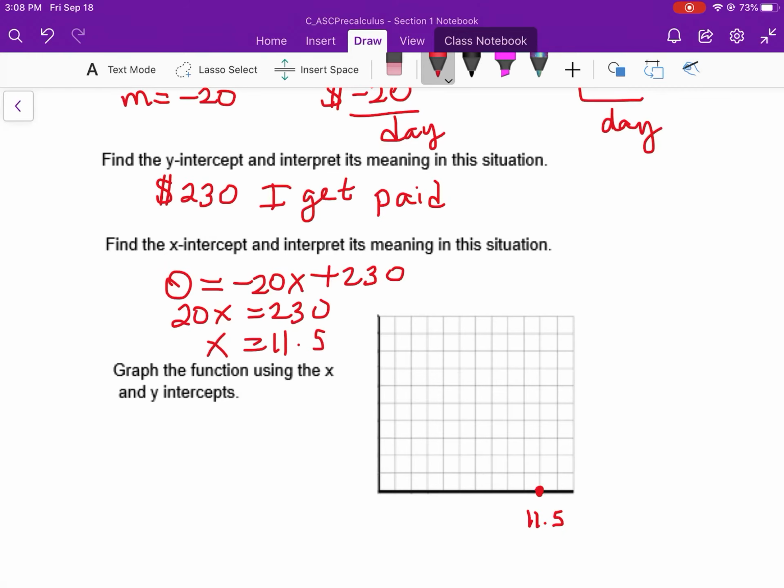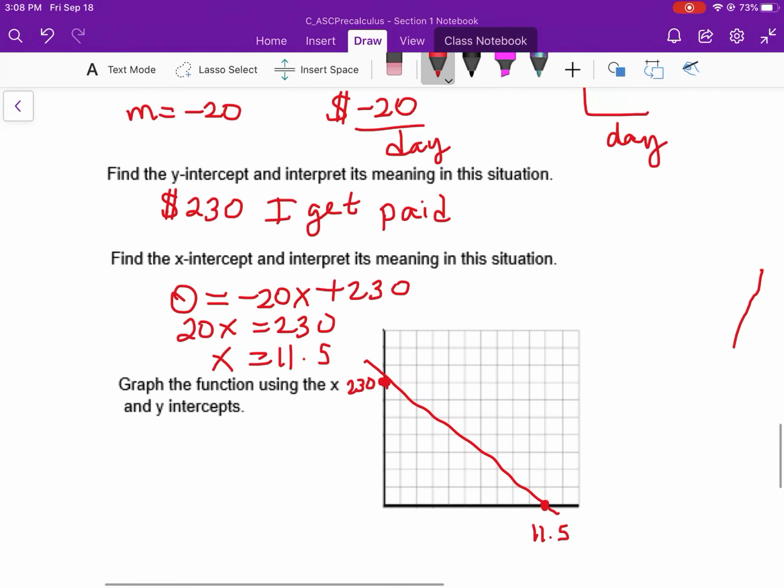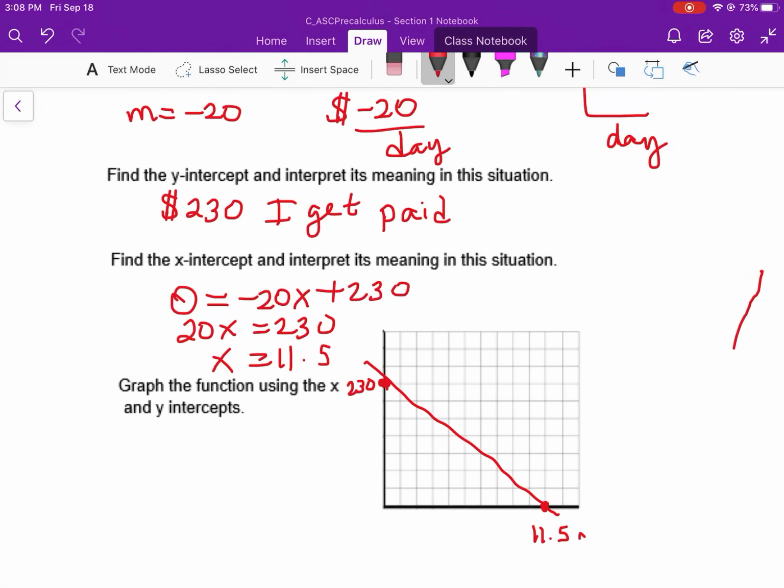This is 11.5. I've got no money. To start with, I have $230, right? 230 here. And then I'll graph it like this. It has a negative slope. So that's how I graph it. 11.5 days, and this is $230. All right, well, good luck.